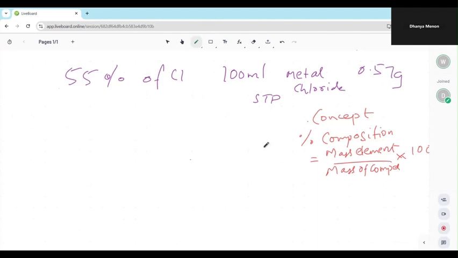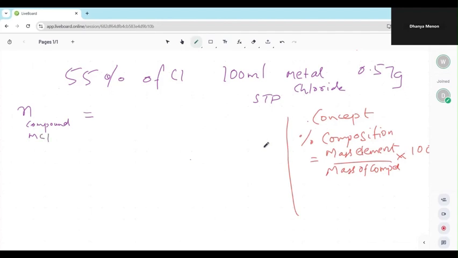Okay, so in this particular sum, we can find out the number of moles n of the compound. For 100 ml, it contains 0.57 grams of the compound, right? Or metal chloride, MCl.